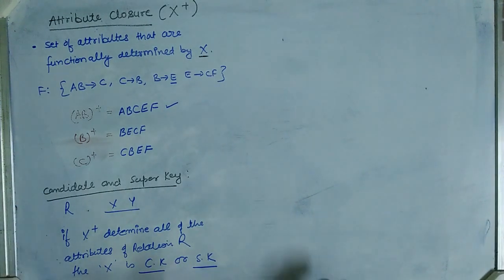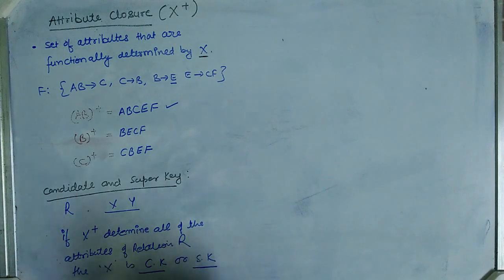It may be a candidate key, it may be a super key, if its closure determines all the attributes of relation R.